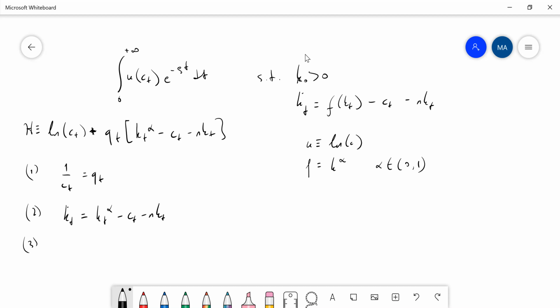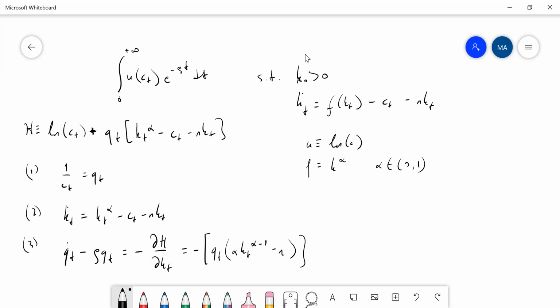Third, we have the co-state equation, the derivative of the Hamiltonian with respect to k_t, so I have q_t times alpha k_t alpha minus 1 minus n.